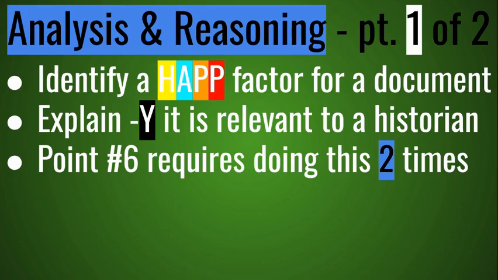Not just "he's writing to an audience of blank," or "this document is written for the purpose of blank," but explain why it is relevant to you as a historian. So we can trust it a little more. They might have this sort of bias. They might be saying things the group wants to hear. Just something that recognizes that you can read between the lines. If we do this a couple of times in our body paragraphs, we will get that point.